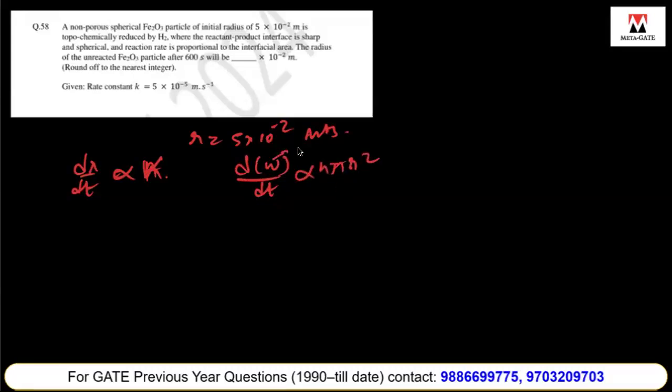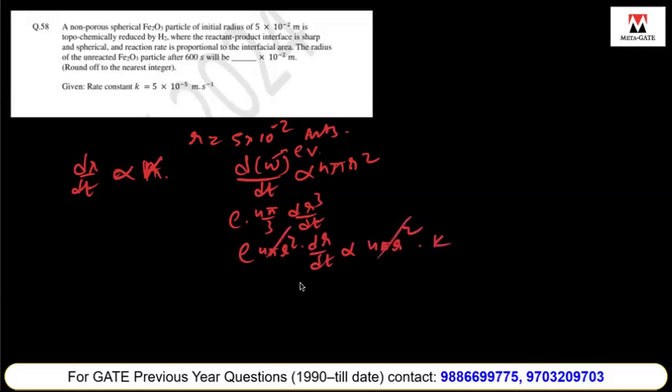So you can write volume into density, so it is density into the volume, 4 pi by 3 r cube, d by dt. So it is rho into 4 pi r square into dr by dt is proportional to 4 pi r square into some k. So 4 pi r square gets cancelled. This is k. So dr by dt is some minus k value.